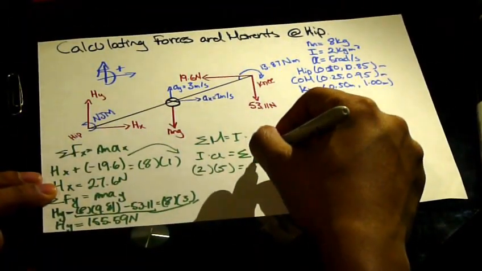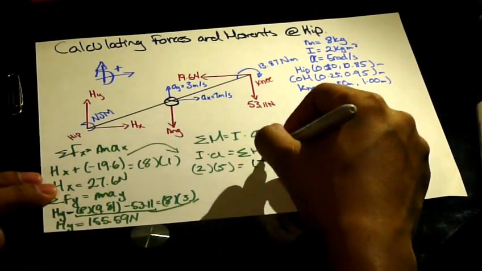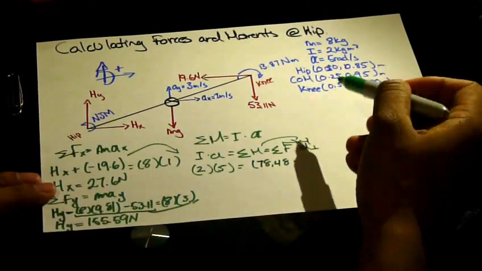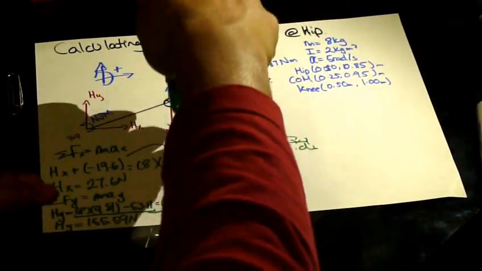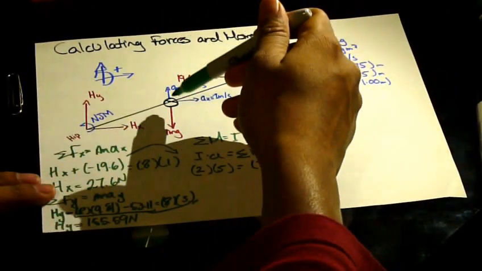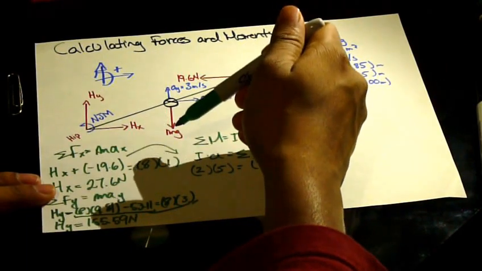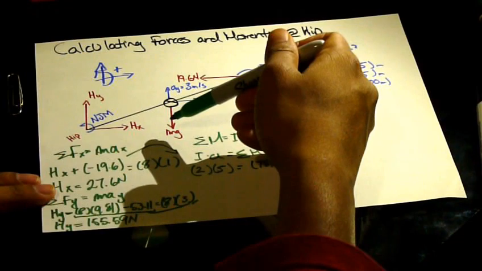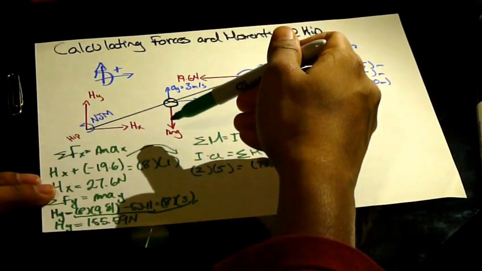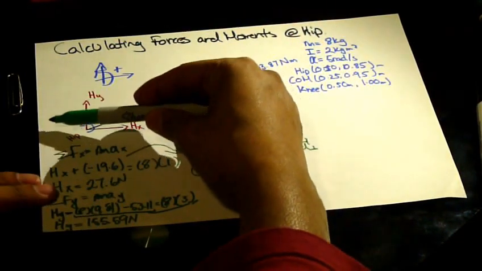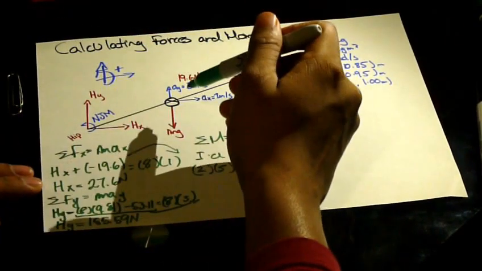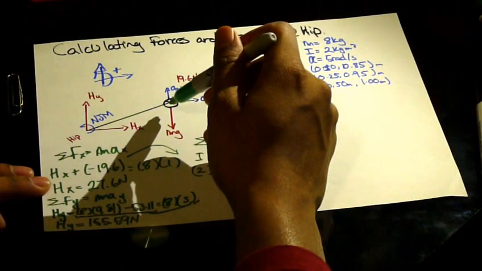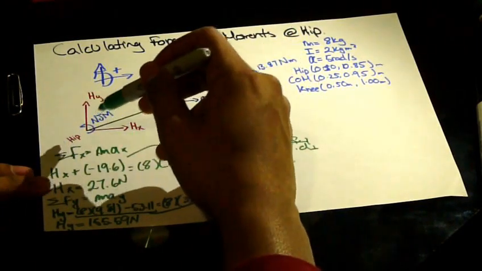So 78.48 multiplied by the perpendicular distance. Since this is acting in the horizontal, gravity is acting in the vertical, straight down, perpendicular to its line of action is the horizontal. And since we know it acts at the COM, we take the difference between the x coordinate of the COM and the x coordinate of the hip.